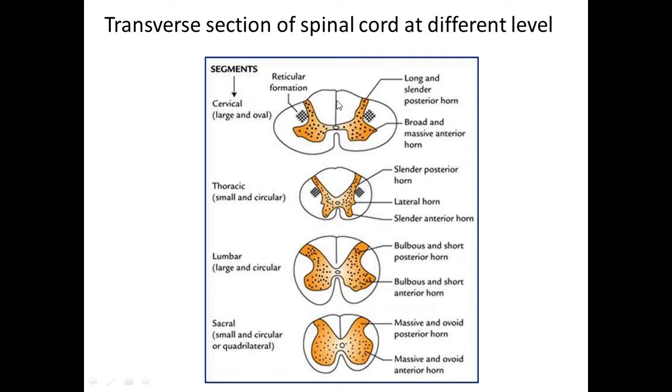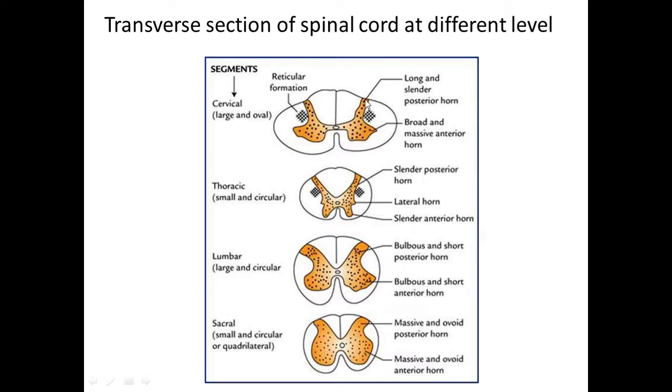Now if you see the cervical spinal cord, this is the cross section of the cervical spinal segment. This cross section at the cervical level is large and transversely oval. And if you see the grey matter, the posterior horn is long and slender, while the anterior horn is broad and massive anteriorly.